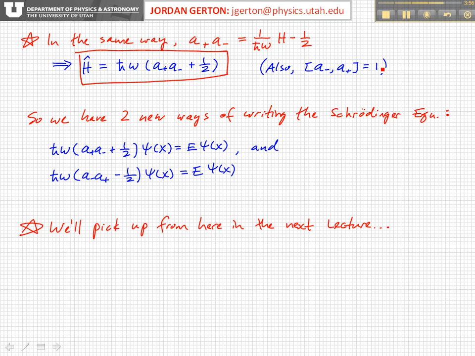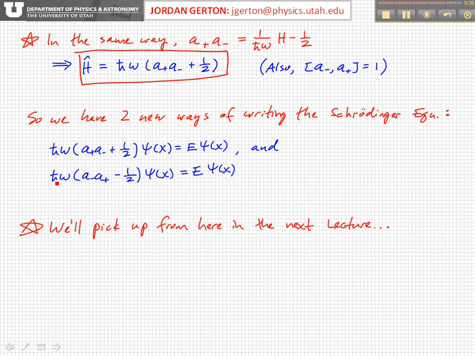Okay, so we have two new ways of writing the Schrodinger equation. We can use the product A plus A minus, in which case we get h bar omega times A plus A minus plus a half, operating on psi, is equal to the energy, this is a number, times psi, and this is an eigenvalue problem.